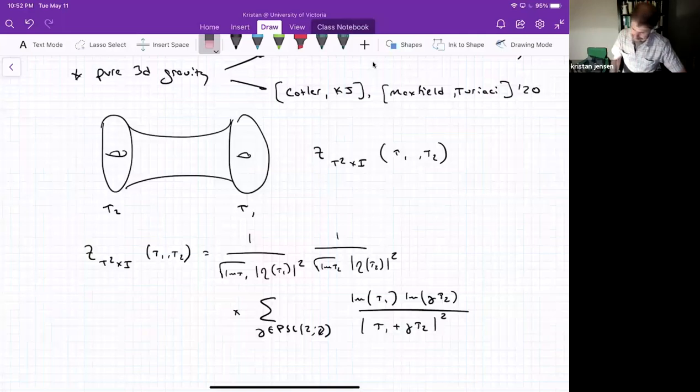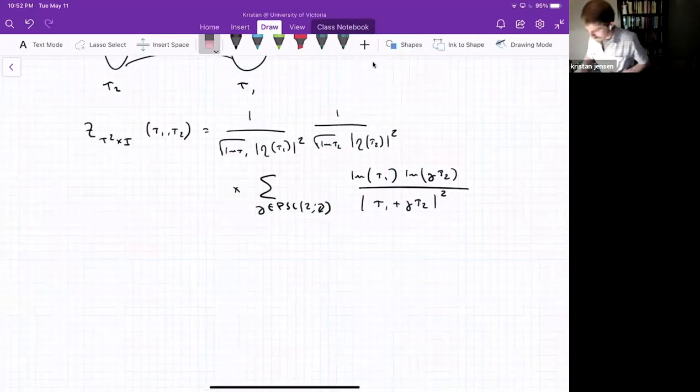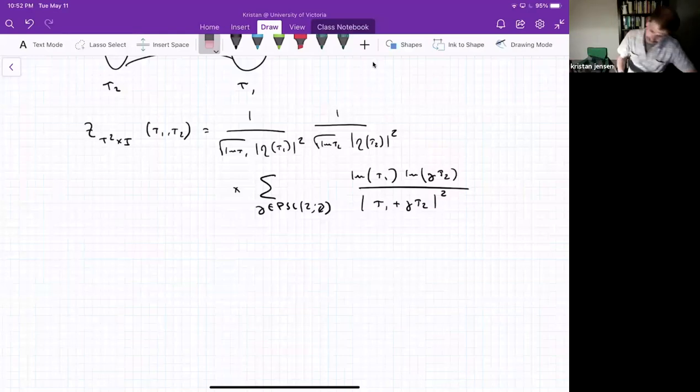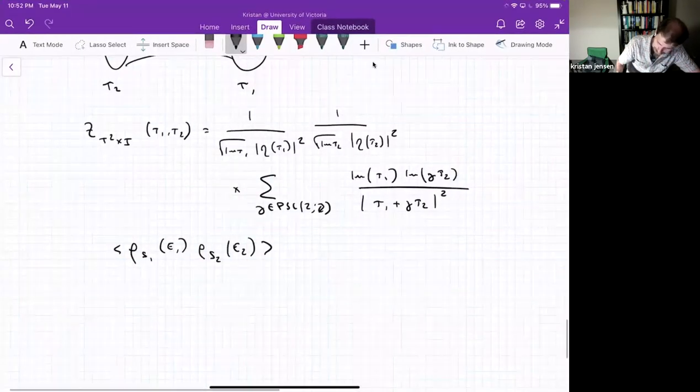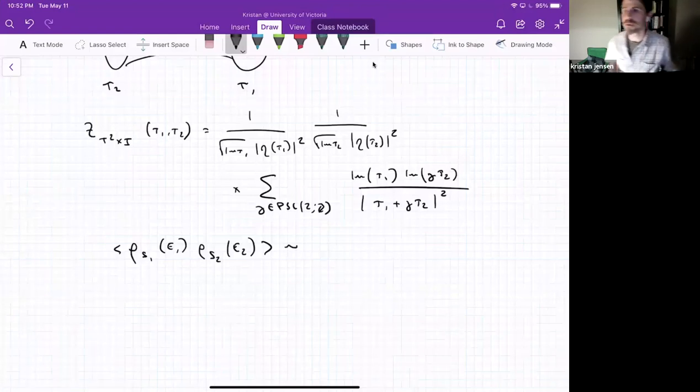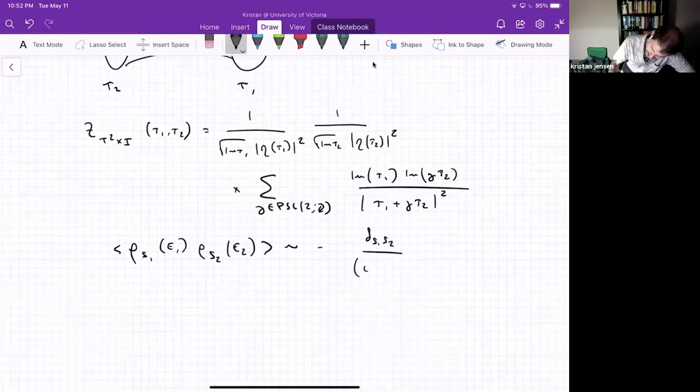But what it gives you is that you can extract the same eigenvalue repulsion from it, if you look at the 2-point function that you extract from this of spin S primaries. You end up getting the same form for the eigenvalue repulsion, provided that the two spins are equal to each other, (E1 minus E2) squared.